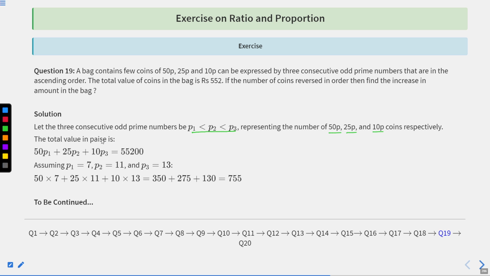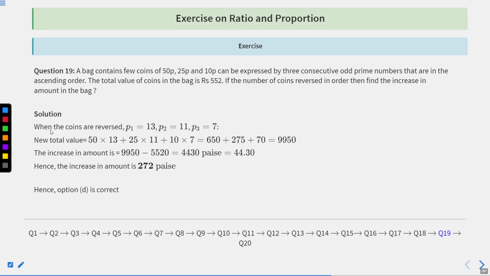The total value in paisa is 50 P1 plus 25 P2 plus 10 P3, that is equal to 55200. So assuming P1 equal to 7, P2 equal to 11, P3 equal to 13, 50 into 7 plus 25 into 11 plus 10 into 13 will be 755.